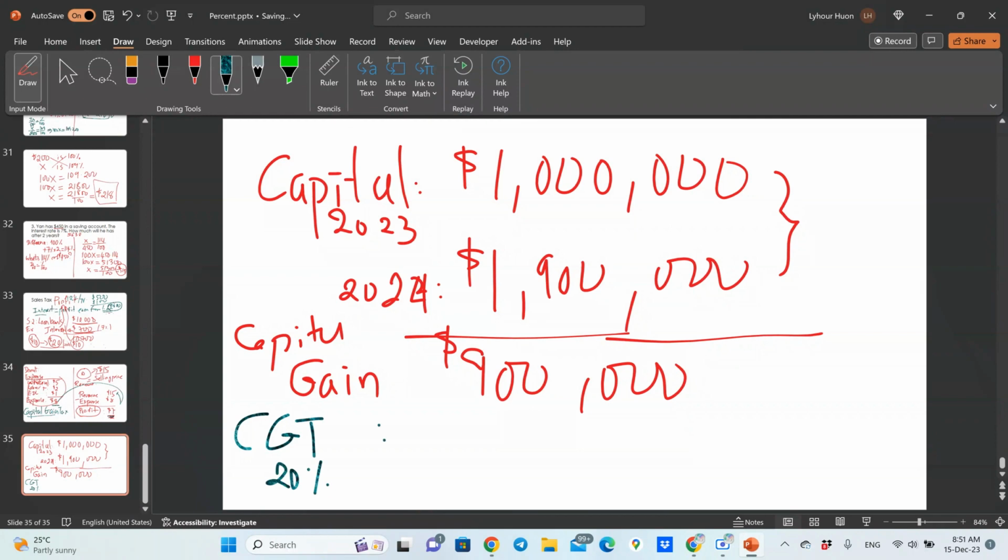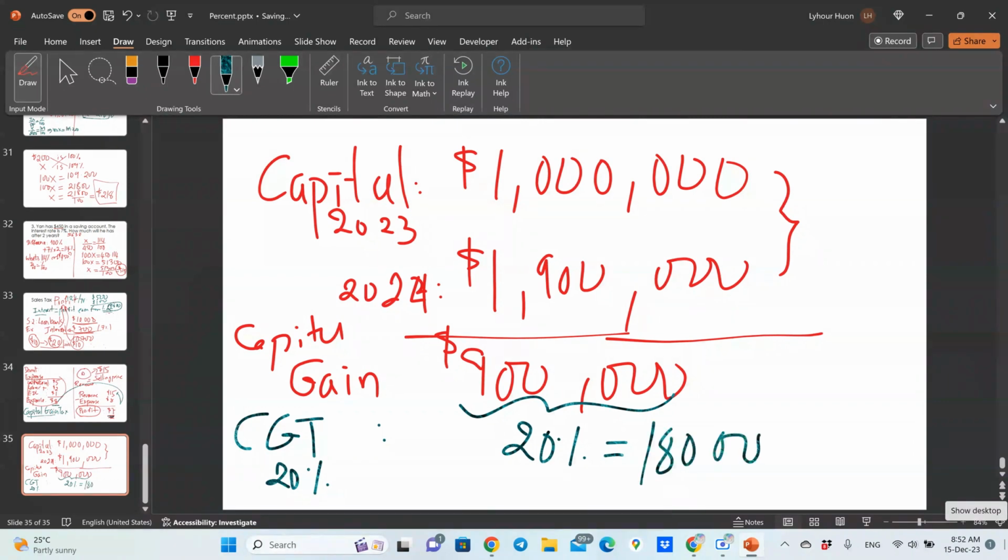So if you gain $900,000, you will pay 20% of this to the government, which is about $180,000. You need to pay this to the state. So that is capital gain tax.